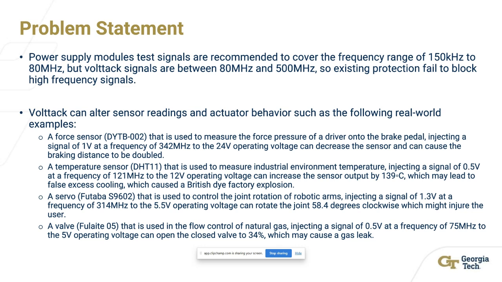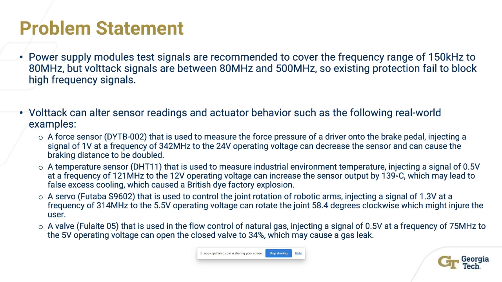If we inject a signal of 1 volt at a frequency of 342 MHz to the 24 volts operating voltage, it can decrease the sensor reading and can cause the braking distance to be doubled.